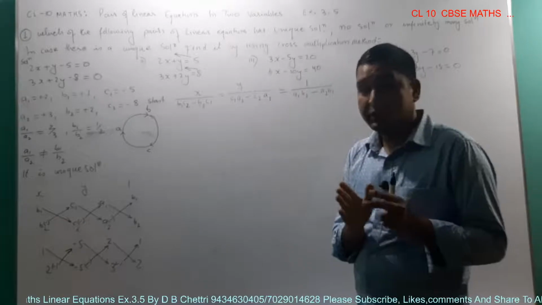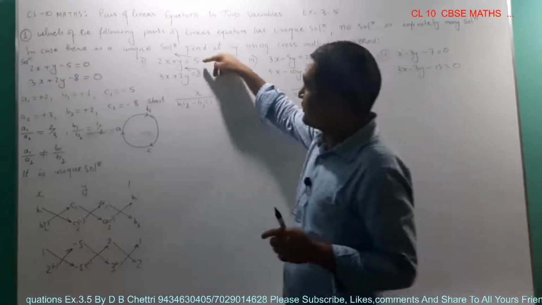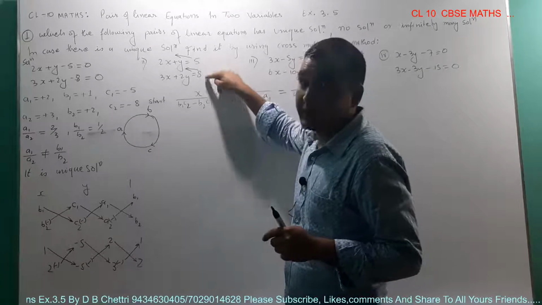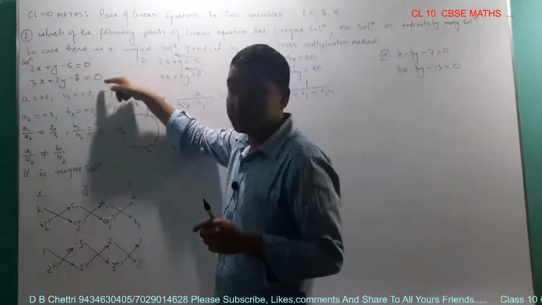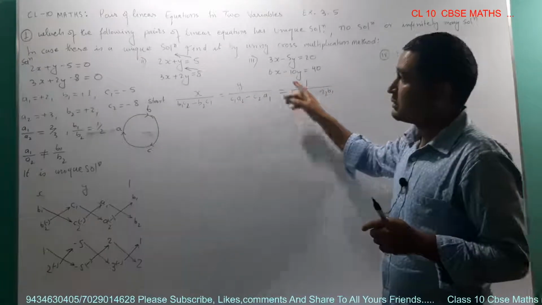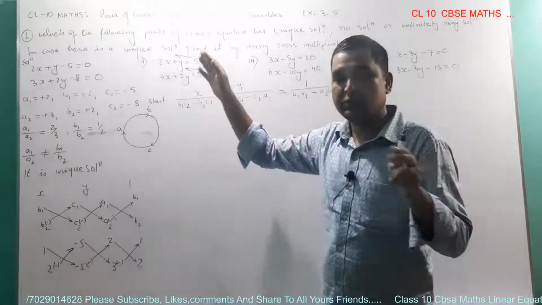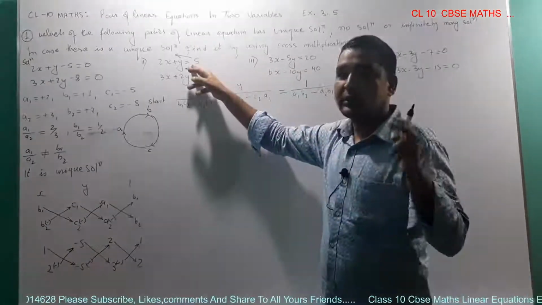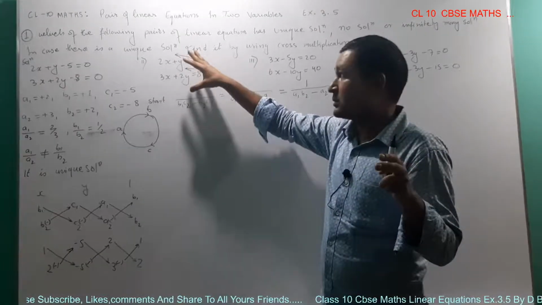Now there is one main important point. Suppose the right side is not 0, and one of the terms is towards the right side.